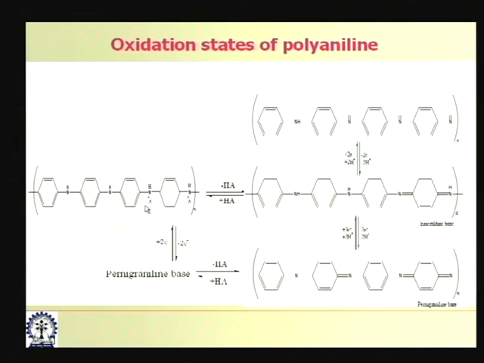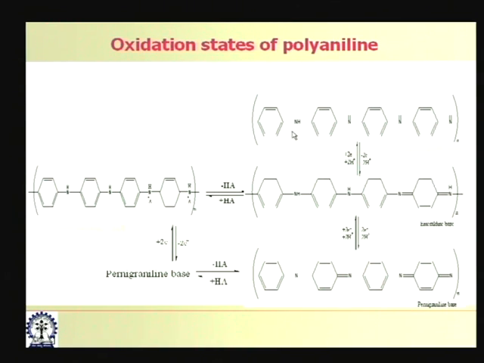Actually, this is known as the imine form. That means you have to have this kind of structure. So, this is the original polymer. Here you see this bond is there, here is also a bond, I do not know why it is not visible, but a bond is there. So, these are all benzene rings.